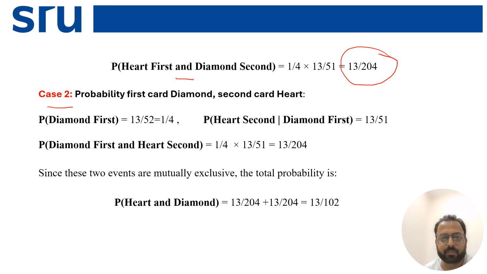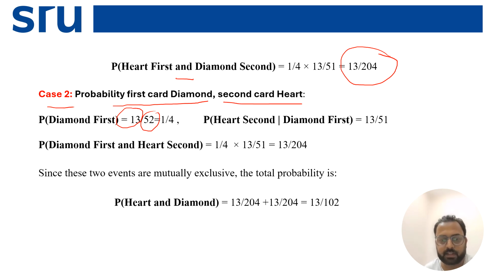Second case, drawing first a diamond and then a heart. So we are selecting diamond first. The total number of diamond cards is 13 and the total number of cards is 52. So the probability of drawing diamond first is 13 by 52, which is 1 by 4.